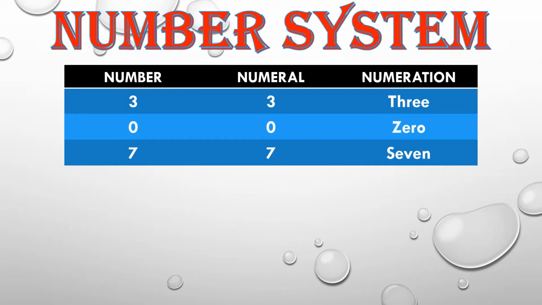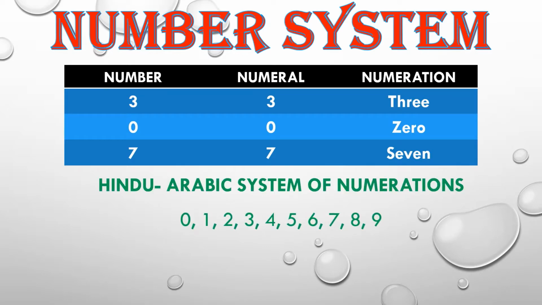A numeral is a symbol representing a given number, and numeration represents that number in words. In the Hindu-Arabic system of numeration, the 10 symbols, that is 0, 1, 2, 3, 4, 5, 6, 7, 8, and 9, are used to write a numeral or number.